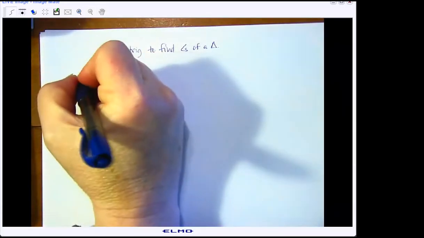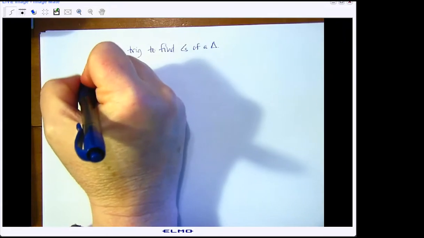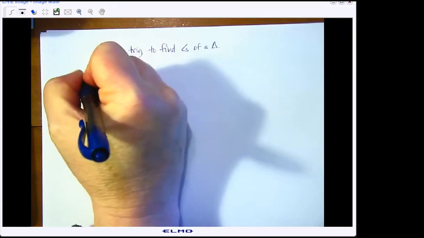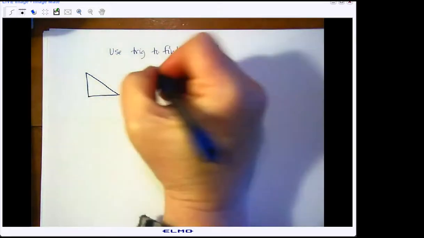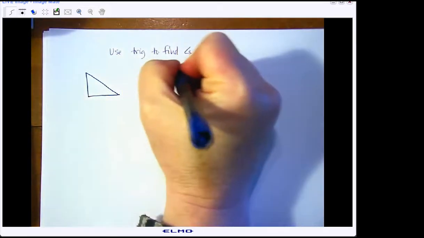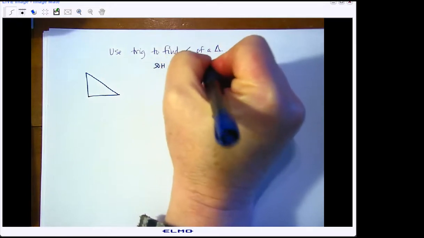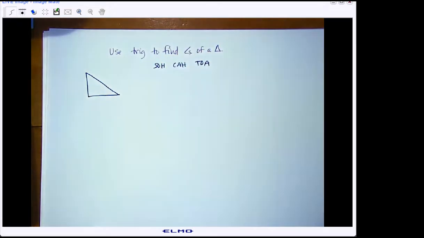Okay, so let's look at a few. Here is a triangle, and we are still using SOHCAHTOA. And we're still using the same format, but there's one thing that's a little different.